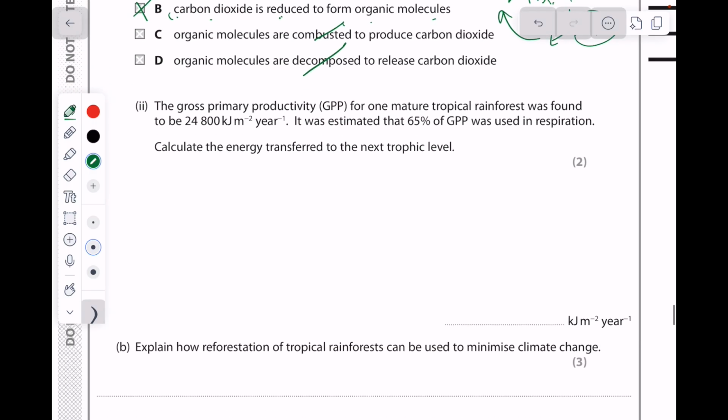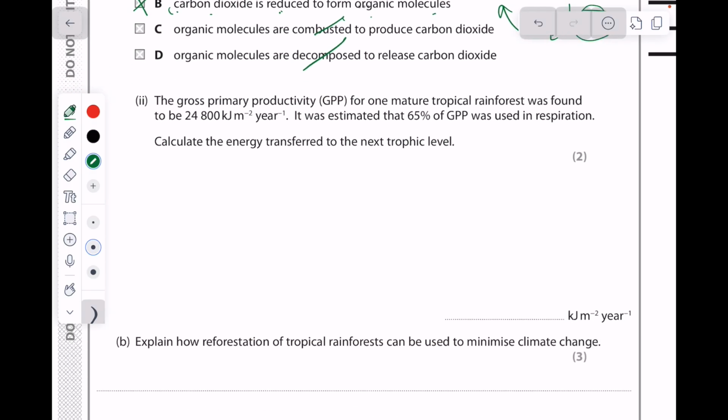Okay. The gross primary productivity, GPP, for one mature tropical rainforest was estimated that 65% of GPP was used in respiration. Calculate the energy transferred to the next trophic level. So the energy transferred to the next trophic level would be NPP.